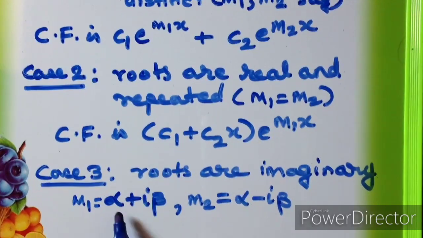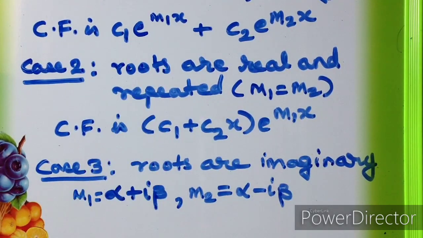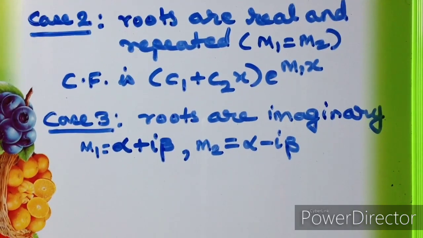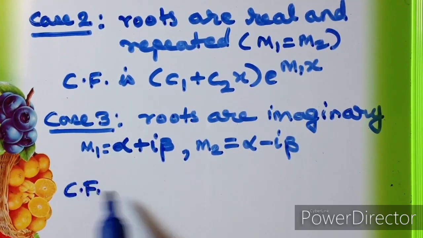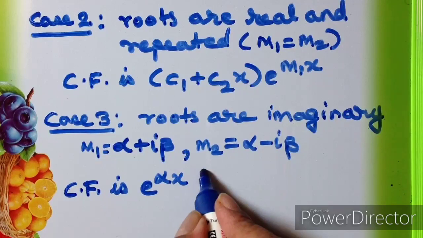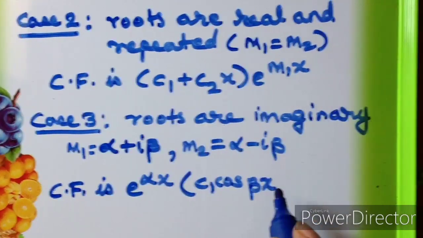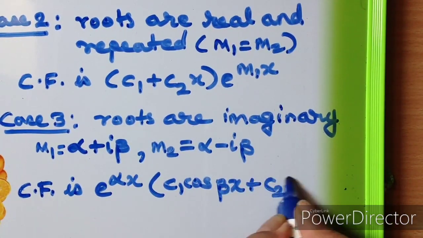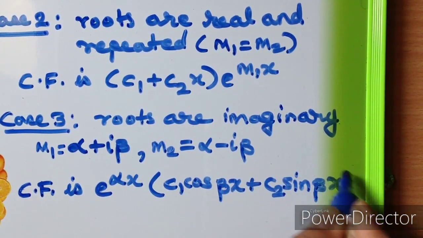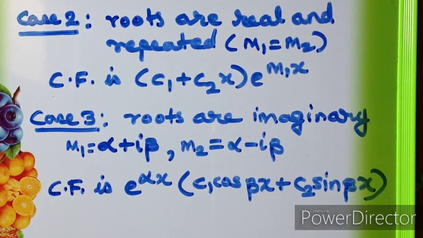That means you will have both alpha plus i beta and alpha minus i beta as the roots of the auxiliary equation. So in that particular case the CF is e raised to alpha x into bracket c1 cos beta x plus c2 sin beta x. That will be the CF in case the roots are imaginary.